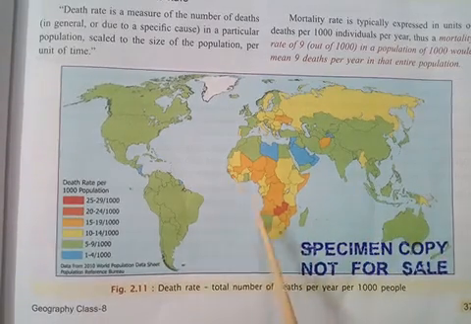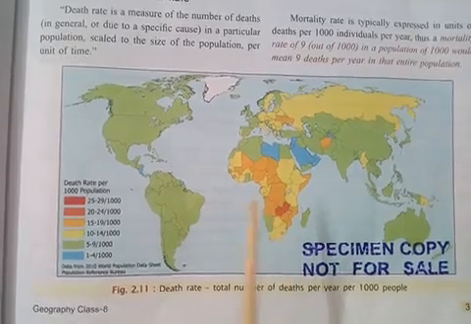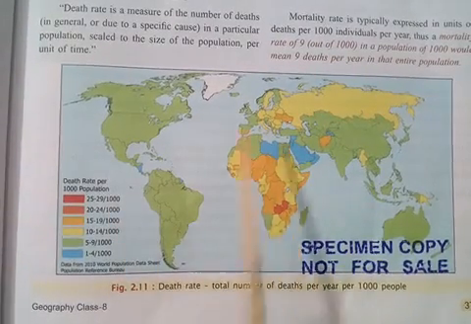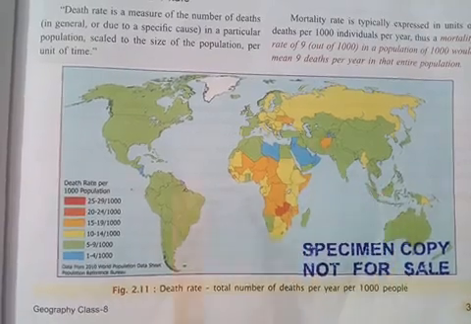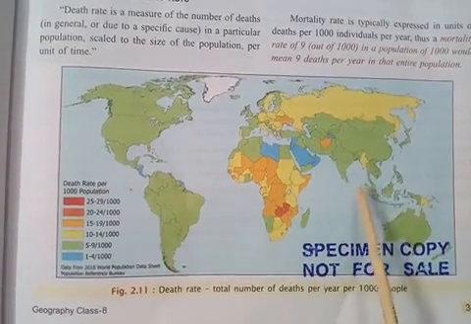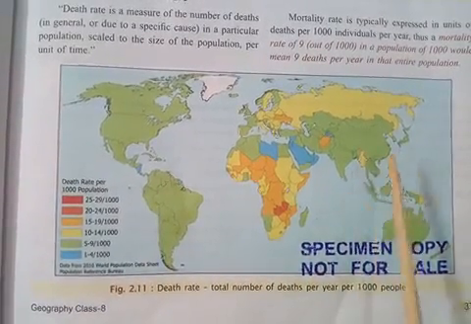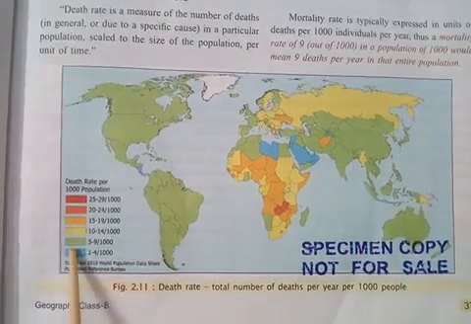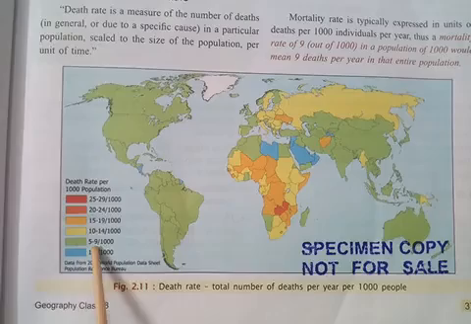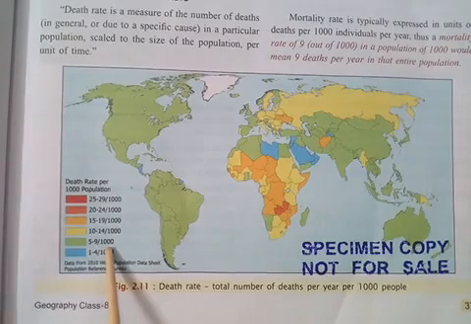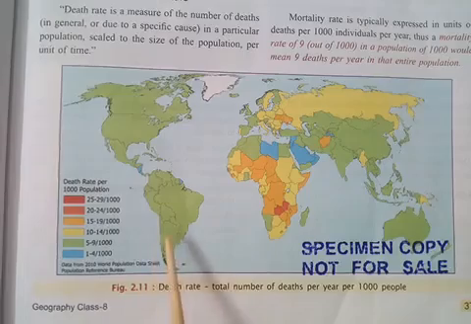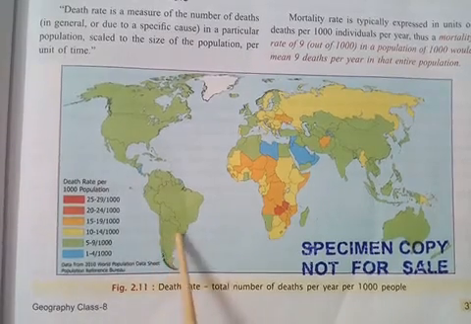In Africa also, some countries in the northern part and in the south. Then in Europe also some countries are shown in green. What does it show? This suggests that here the death rate is 5 to 9 per 1000 population. So here also the death rate is very low.